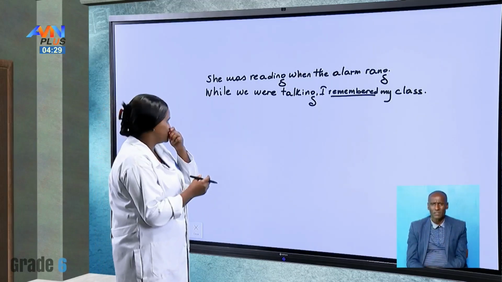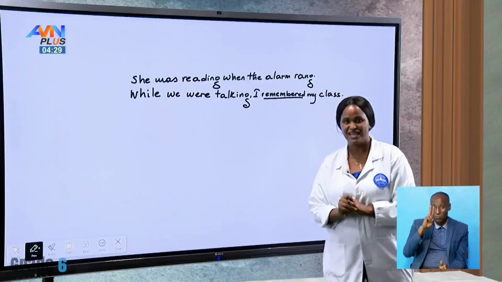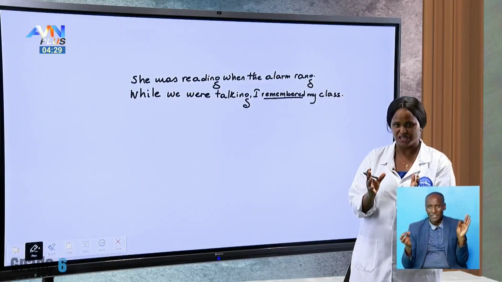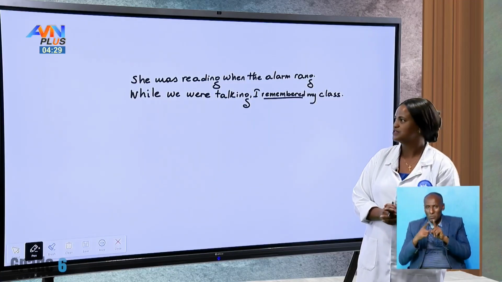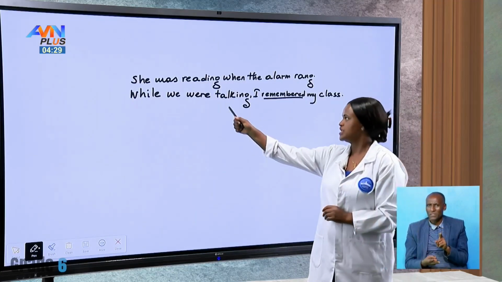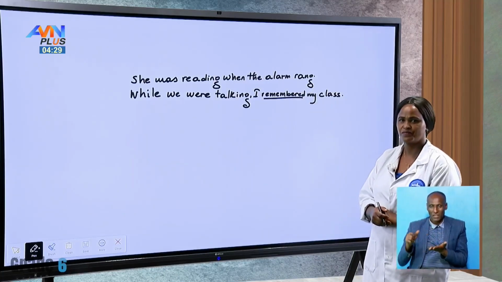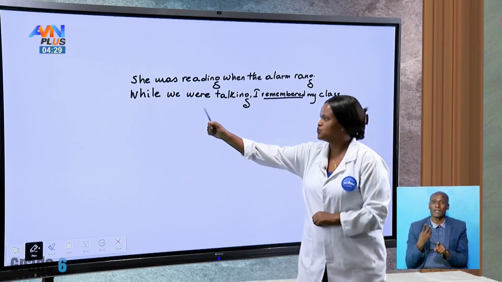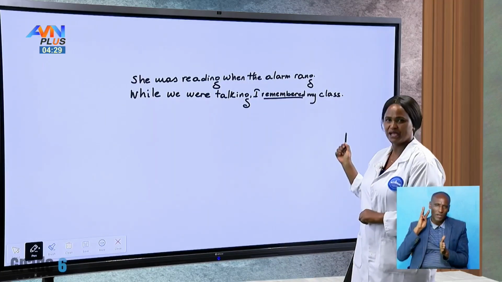Look at both of the sentences, and you can tell me what special thing you notice in the sentences. Let me give you a few seconds. The first one: She was reading when the alarm rang. The second one: While we were talking, I remembered my class.